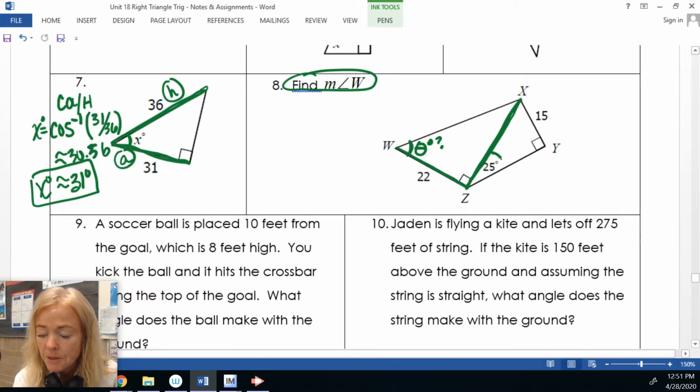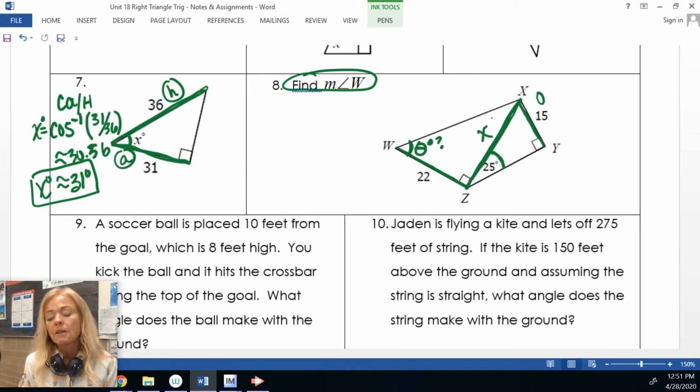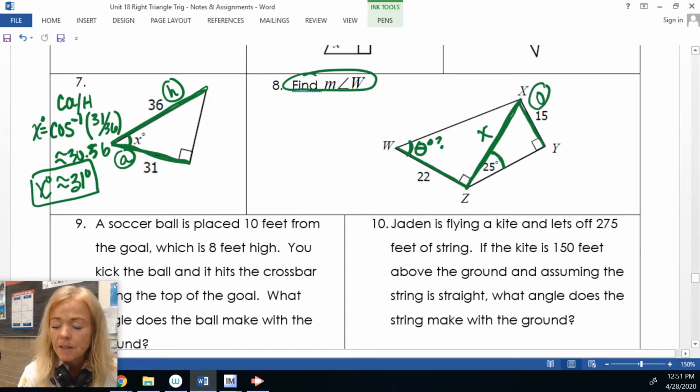And here we have 25 degrees, and we have this side here that is the opposite side. Okay, and we want this side. So we're going to use the right triangle to help us find the information we're asked to find, angle W on the left triangle. So we place that X on the combined side, or reflexive side, and we have opposite here, and this happens to be right across from the 90-degree angle, so it's the hypotenuse.